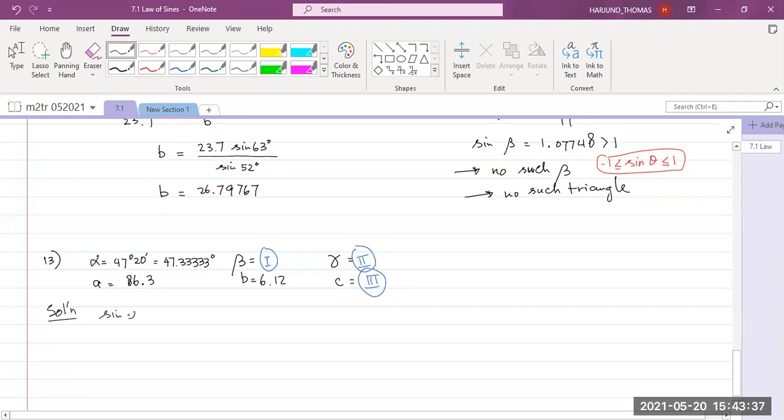Sine alpha over A equals sine beta over B. Sine 47.3333 degrees over 86.3 equals sine beta over 6.12. Okay, let's do the computation.